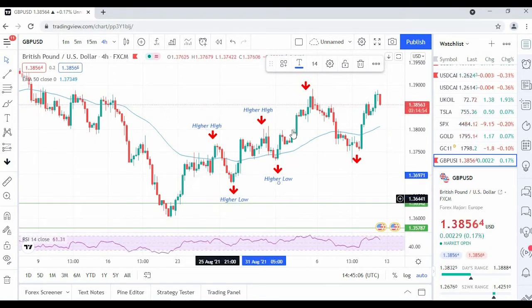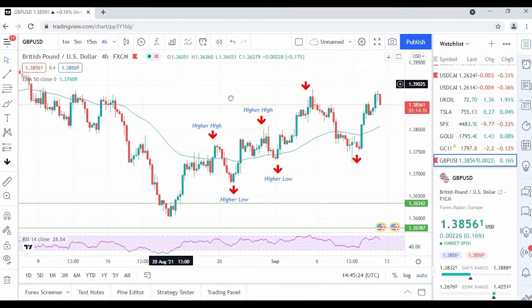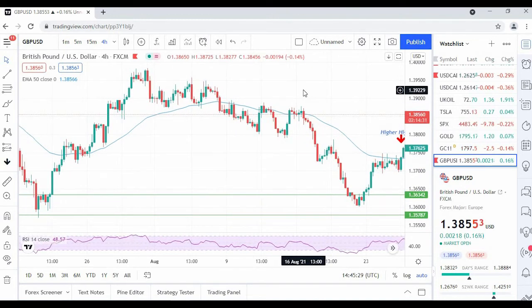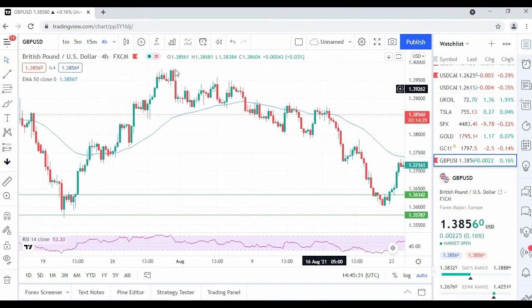So you must have a series of higher highs and higher lows when the market is moving in a particular direction, and for a downtrend you must have a series of lower highs and lower lows. Let me move the chart over. Now over on this side, the market was at this point right here.